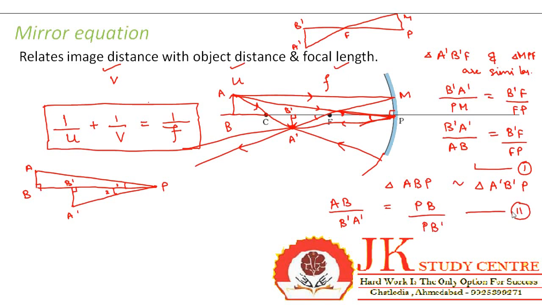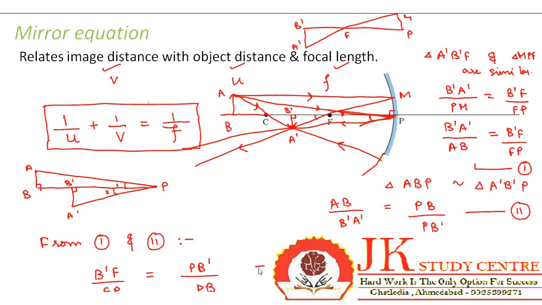Let me call this equation 2. So if you compare equation 1 and equation 2, you see that the right hand side has similar values, right? So we can say that from equation 1 and equation 2, B'F divided by FP is equal to PB' divided by PB.